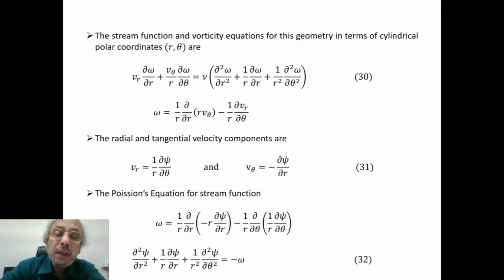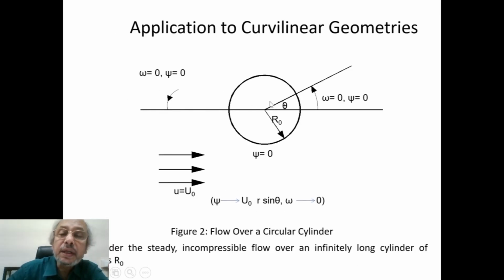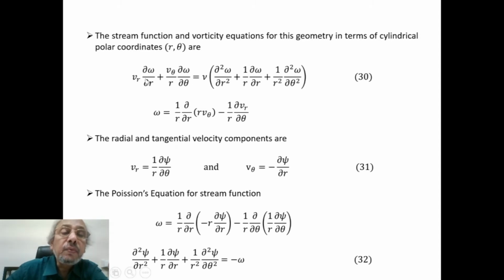So if we go for the governing equation, obviously the first equation will be the vorticity transport equation, and here we will use r theta coordinates. The unsteady term del omega del t we have neglected because we are considering steady flow. Vr is the radial direction velocity, V theta is the tangential velocity. So Vr del omega del r plus V theta by r del omega del theta equals nu times the Laplacian of omega.